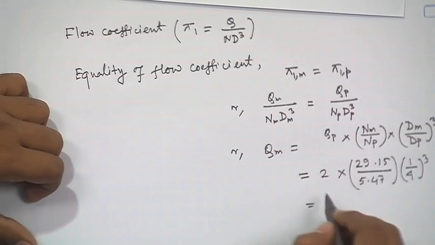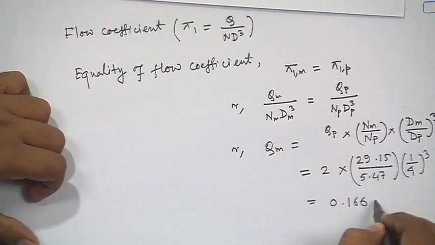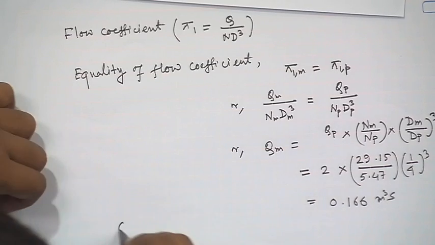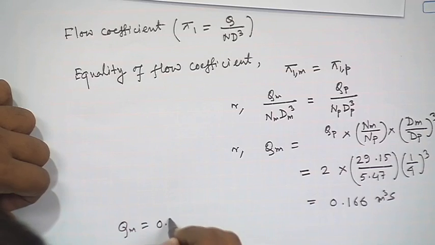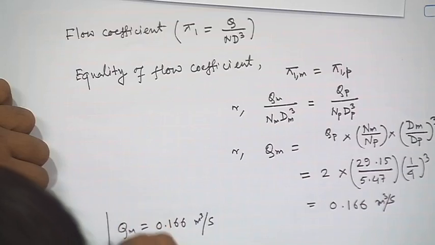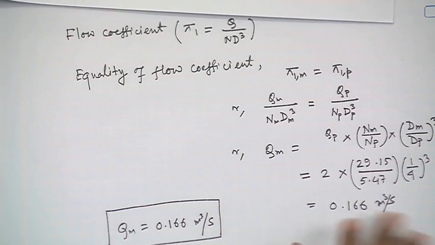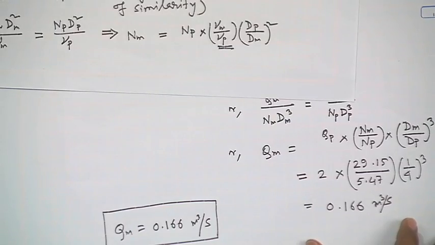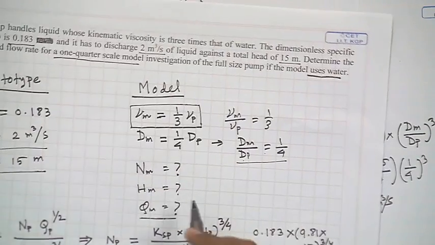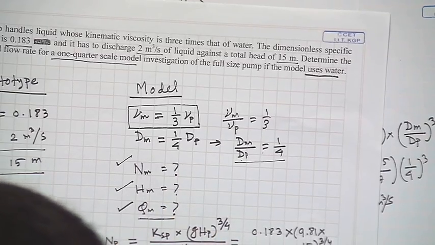So flow through the model pump can be obtained here as 0.166 meter cube per second. So qm is 0.166 meter cube per second. So we have determined all the three important quantities that we were intending to obtain, that was Nm, Hm and Qm.